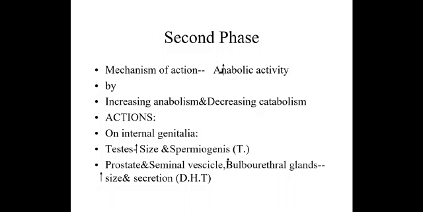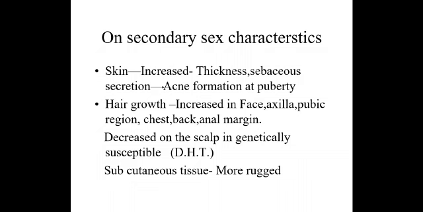The prostate and seminal secretions along with the bulbourethral glands are increased, mainly due to the action of DHT, that is, dihydrotestosterone. On the external genitalia, the length and size of the penis increase. There is increased pigmentation in the scrotum. Among the secondary sexual characteristics, there is increased acne.